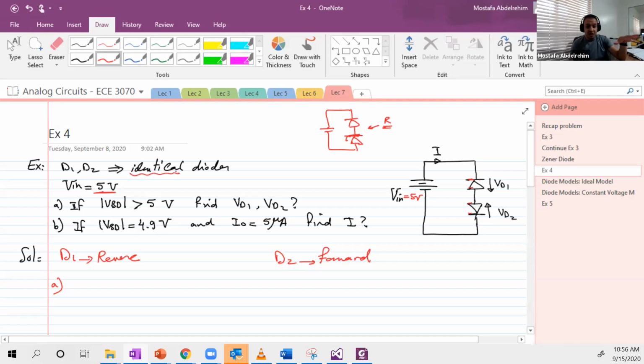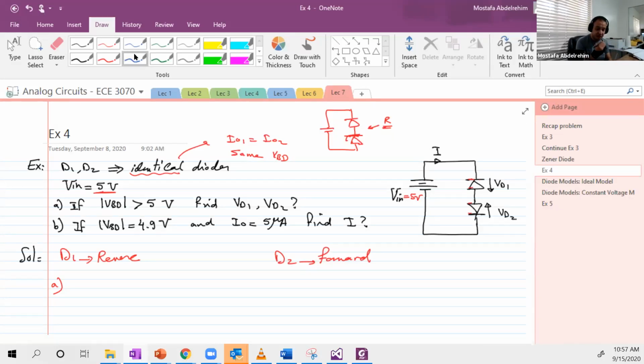When it says they are identical, that means I naught of D1 is equal to I naught of D2, and the same breakdown voltage. So the characteristics, the geometry, the doping, everything is identical.